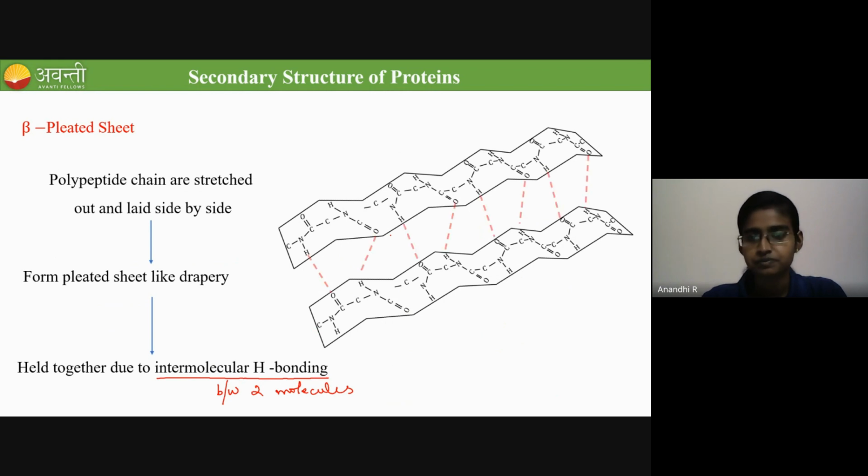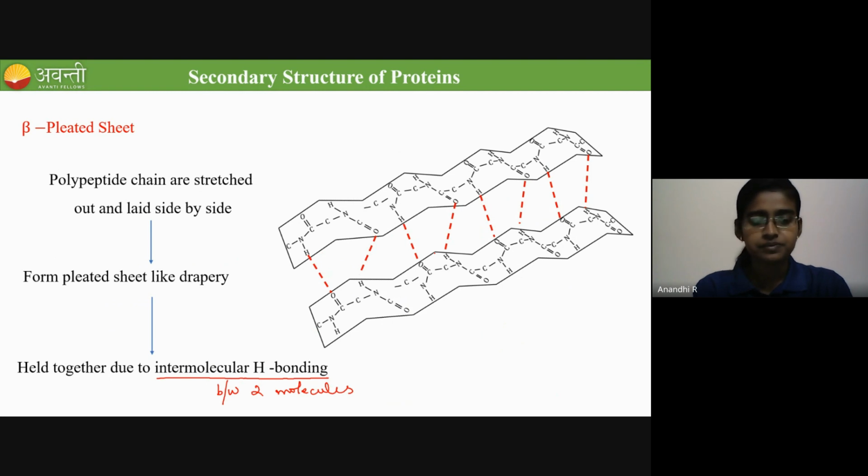So these are the hydrogen bonding interactions which are shown here in terms of red lines. Yes, Ruchinita, there are two types, one is inter and the other one is intra. Good. So between two sheets, there exists a hydrogen bond called intermolecular hydrogen bond.